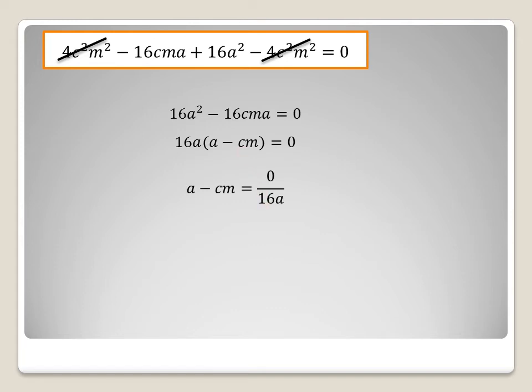Taking 16a to the other side of the equation, it will become equal to 0. So a − cm = 0. Taking cm to the right side of the equation, our answer will be a = cm, or a = mc. Here, if in the original equation we replace a with cm and apply all the steps that we have done earlier, the answer will be equal to 0.